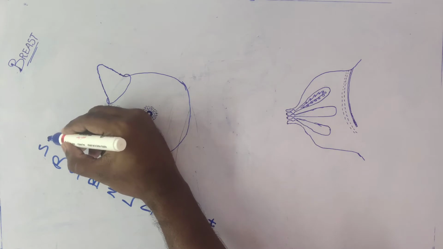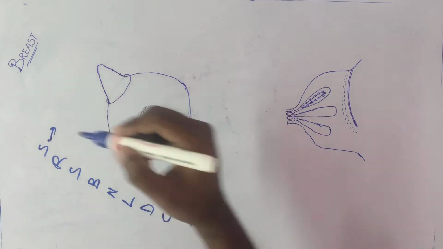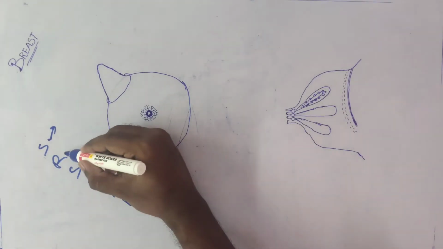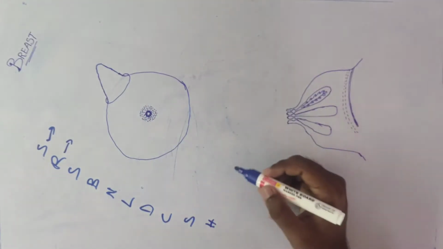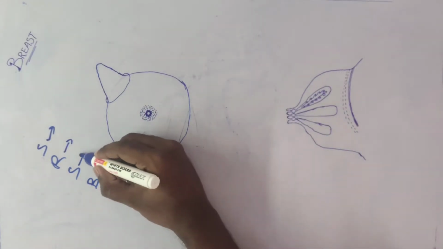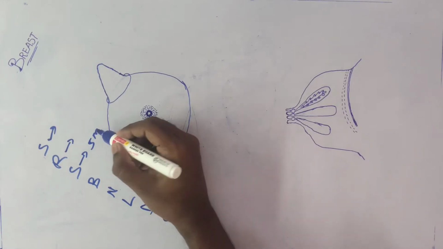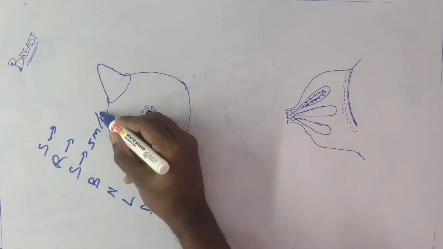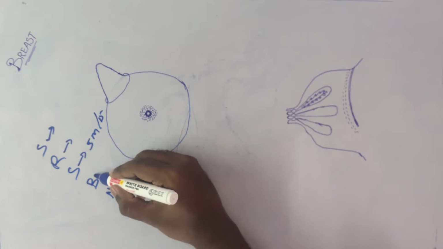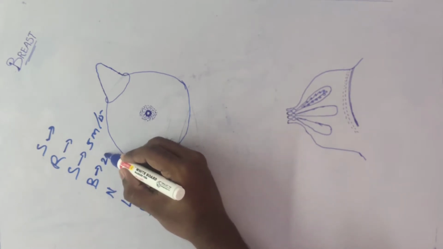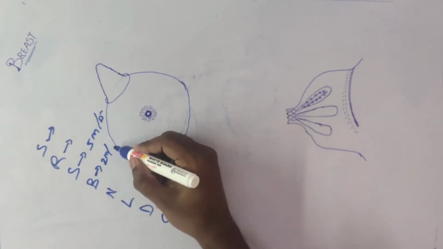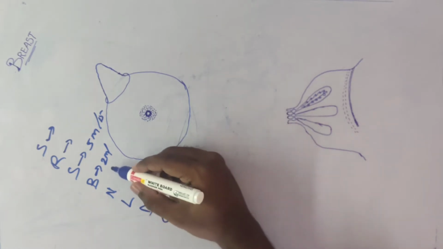Situation will be given for 2 marks, and deep relations we will get in an essay answer, and the structure of the breast we will get for 5 marks as well as in an essay answer, and blood supply will come for 2 marks or in an essay question or in the 5 marks.